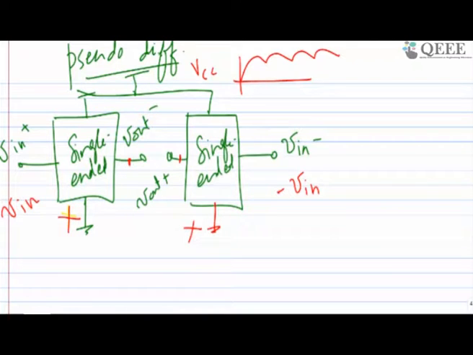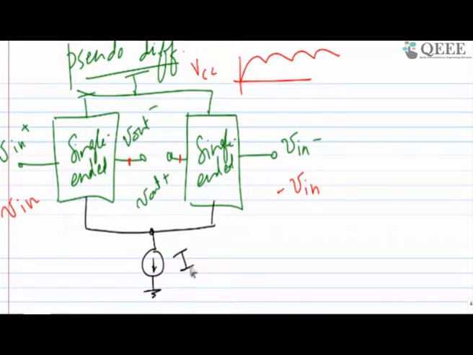However, if you want to make a circuit which is differential, you have to make sure that both the circuits are connected through one current mirror or a current circuit.